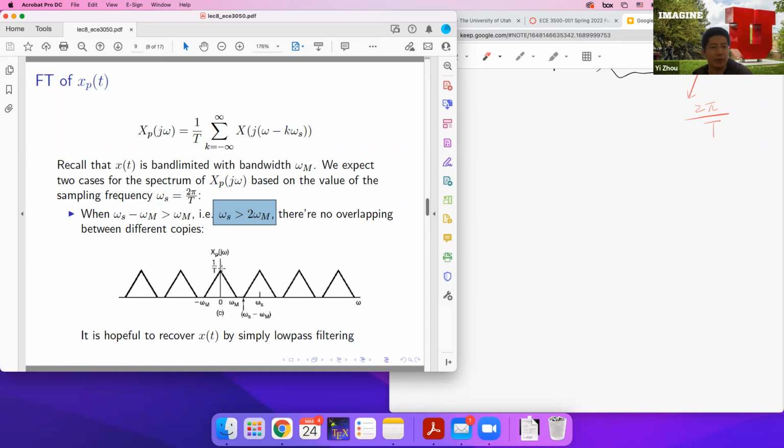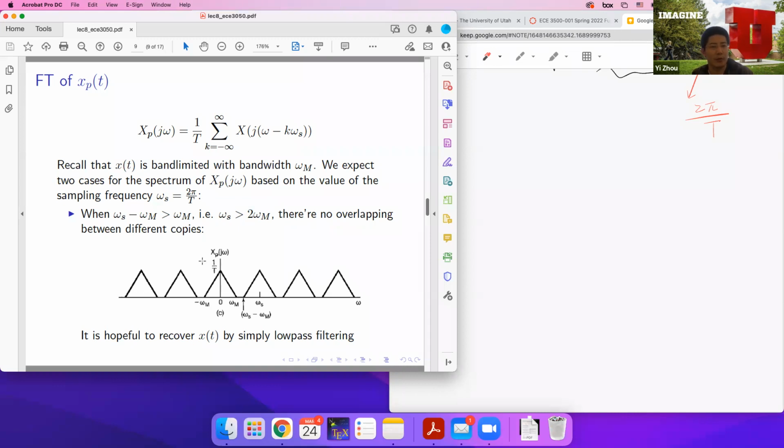In this case, all the different copies are non-overlapping with each other. There's no overlap among them, and the information of the spectrum of the original signal is perfectly preserved.